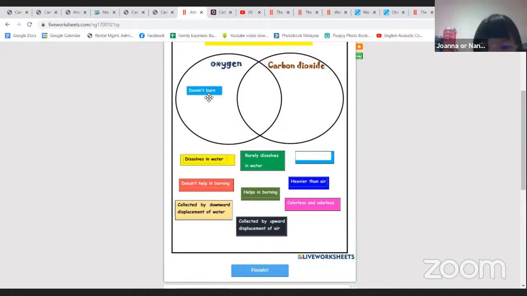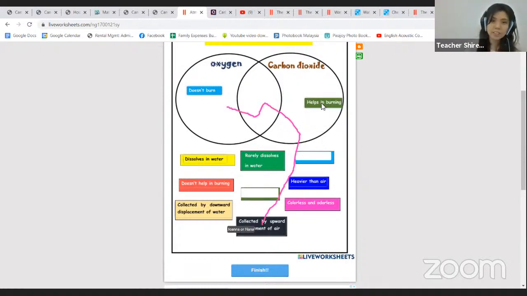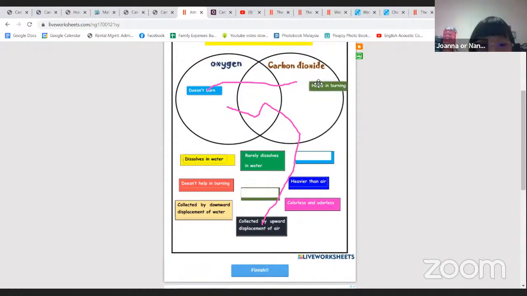Oxygen doesn't burn. Remember, oxygen is combustion, so oxygen burns. Carbon dioxide doesn't burn.